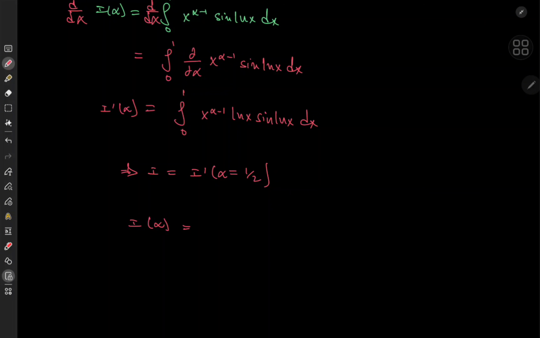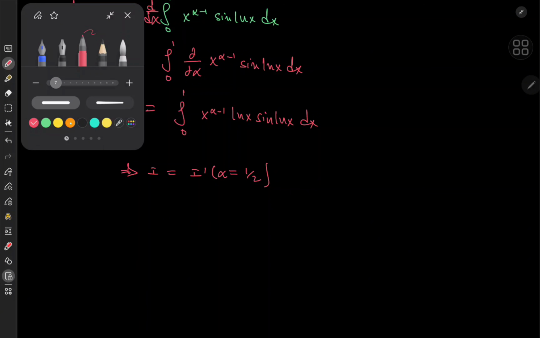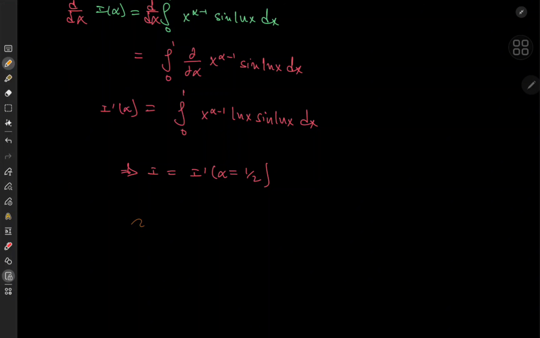integral explicitly. So notice something about the sine function here. We do know that sine of theta is equal to the imaginary part of e to the I theta by Euler's beautiful formula.